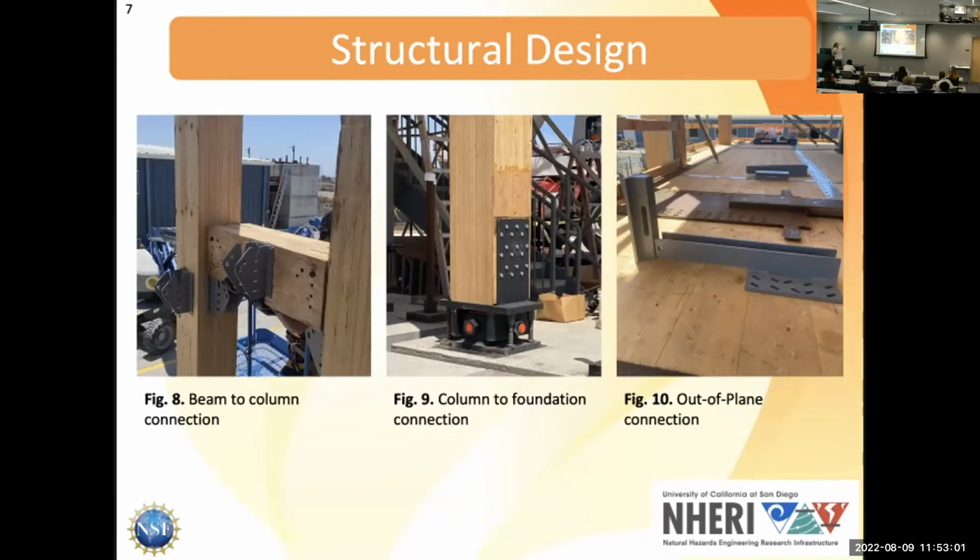So all these connection types shown up here are very unique just to this project. They all allow a greater range of motion for all the different earthquake loading they'll undergo, but they also still provide the structural rigidity needed for high-rise buildings.